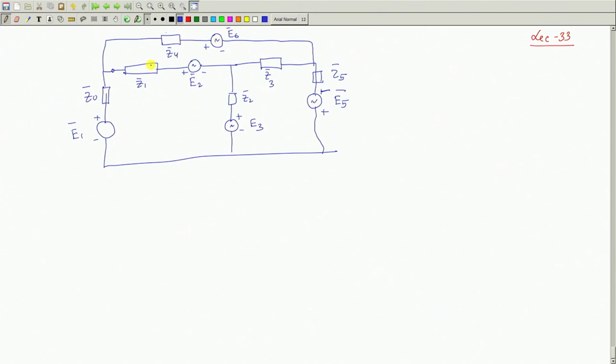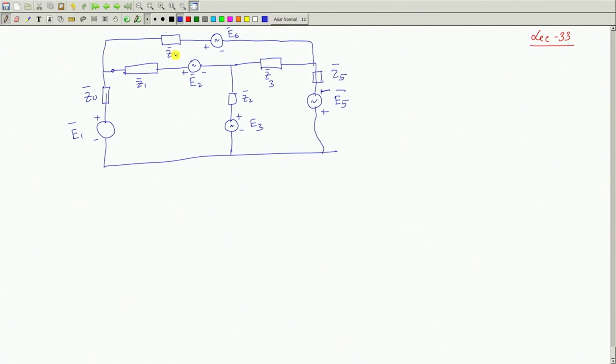So, all the impedances I will be knowing their values, source voltages are also known, I want to calculate the currents. Similarly here one can apply mesh analysis; the number of meshes is 3, I1, I2, I3, that I have described. Now, I will tell you how to write down the nodal equations and find the node voltages.